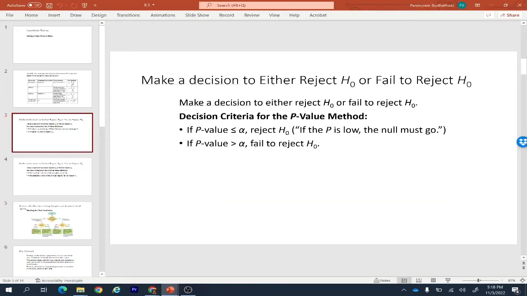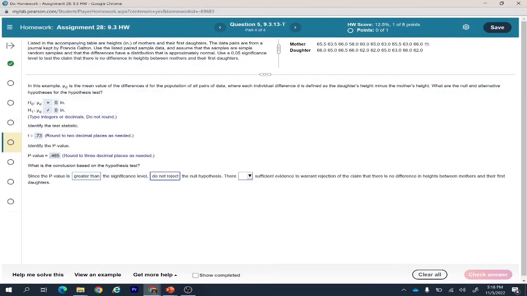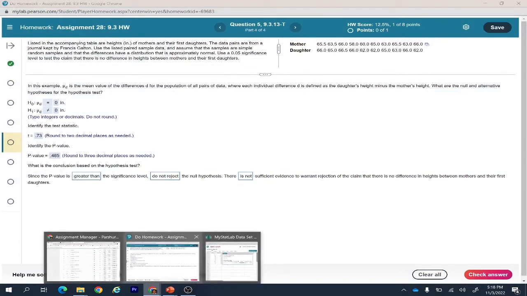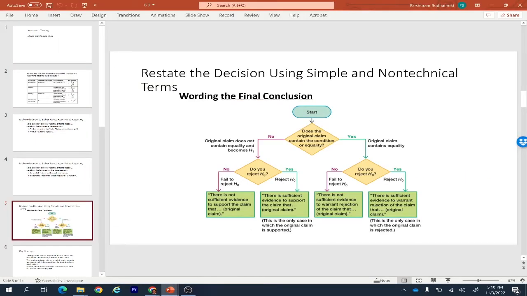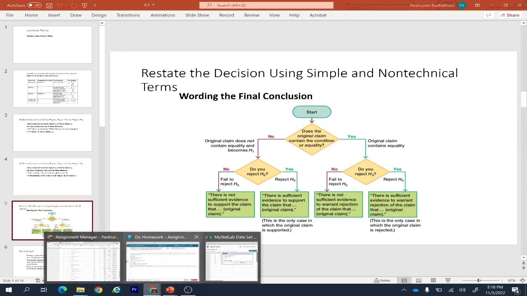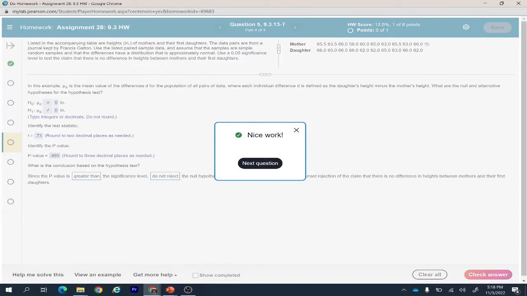Remember, if p-value is greater, fail to reject. And is there sufficient evidence to warrant rejection of the claim? No, there is not. If you go back to this conclusion, what is that? Here, there is fail to reject. There is not sufficient evidence. So that is what we're going to select. There is not. Check answer. And that's your right answer.